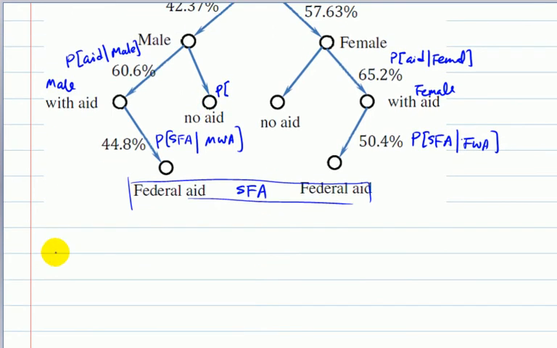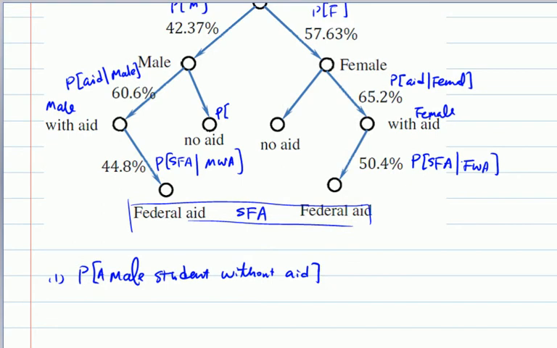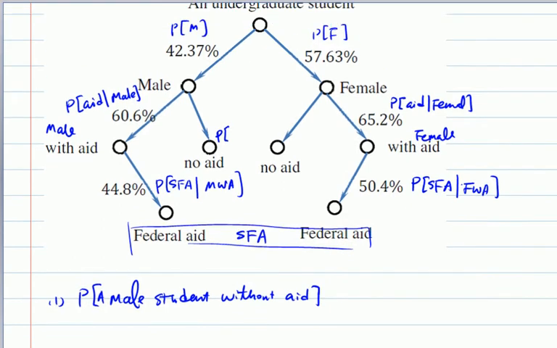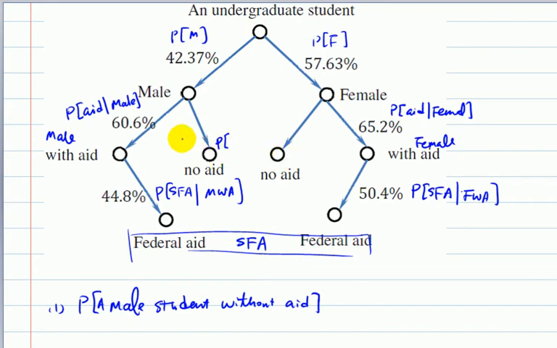Okay, so let's see the first question. We're looking for P of a male student without aid. Now, technically speaking, how do you get over here? This is overall student no aid, and you're talking about a male student without it.